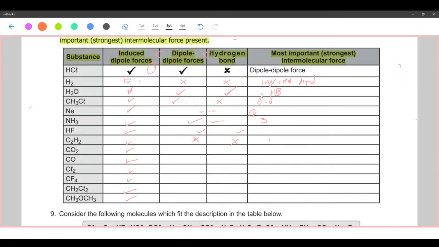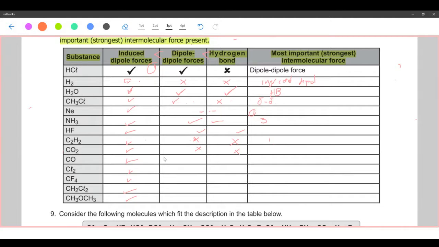So I said no and no. You said no to dipole forces and no to hydrogen bonding. That is correct. Another familiar example, one we've done before. Sorry if I keep saying it, but it feels like I've done it before. CO2 has got dipoles, but they are symmetric, so you have a non-polar molecule.